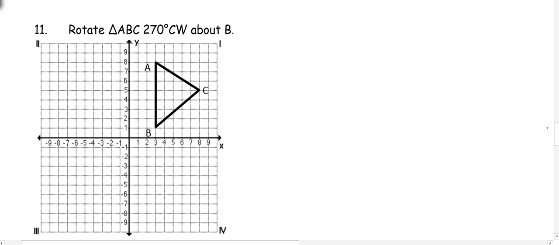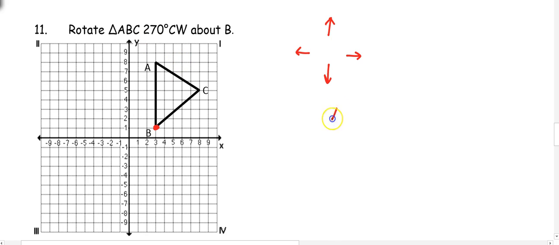Number 11, rotate ABC 270 degrees clockwise about point B. So point B is gonna stay the same. Now we're going 270 degrees. So if I'm gonna go 270 degrees, I need to make 3 different turns.